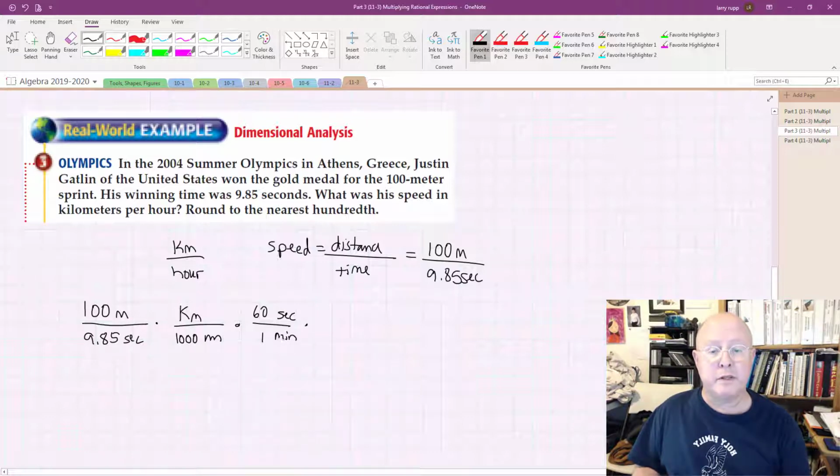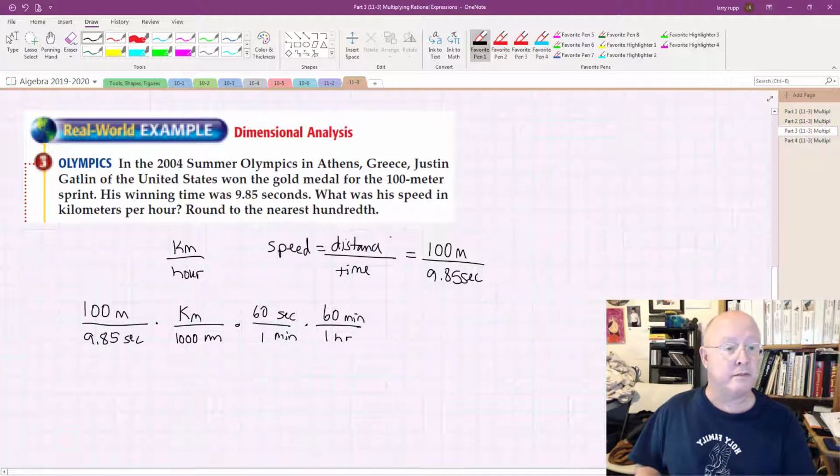How do we convert minutes into hours? So how many minutes are in 1 hour? Well, there are 60 minutes in 1 hour. Okay, so are we done? Well, we're going to be left with minutes cancel minutes, seconds cancel seconds.